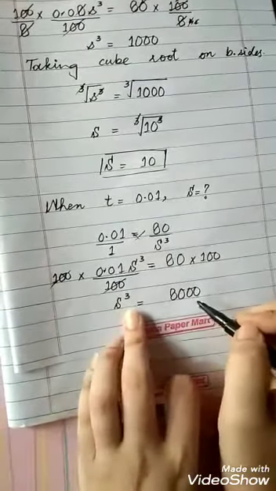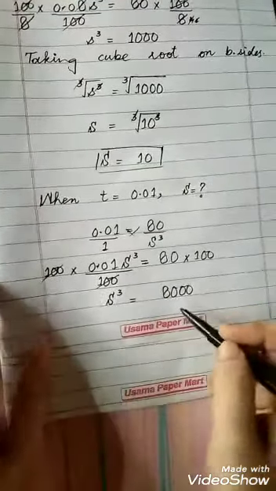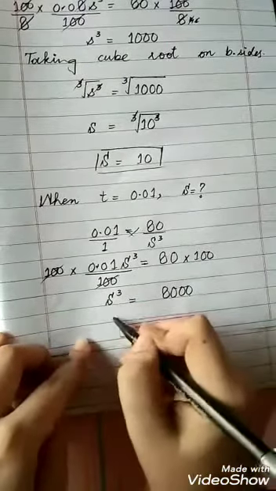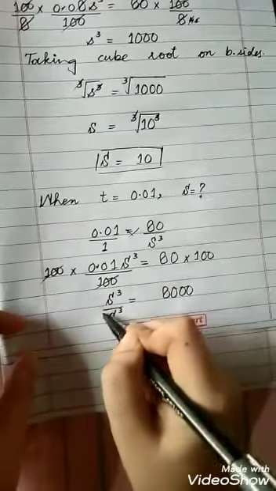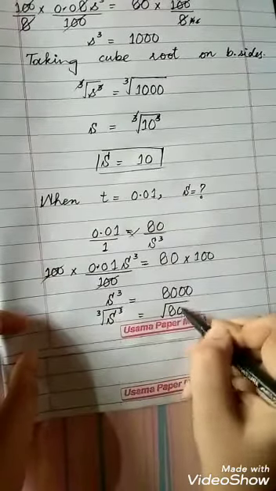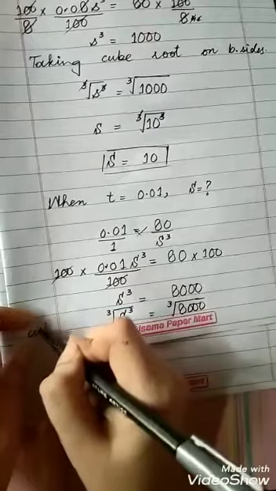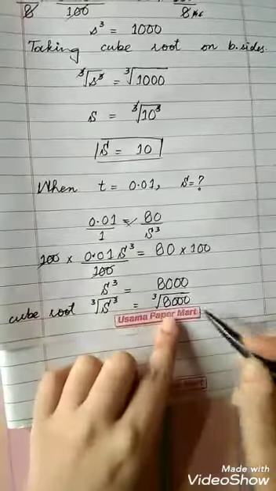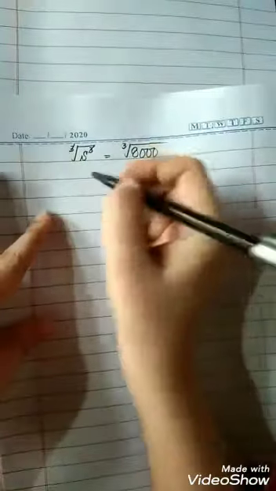Now students, it's 8000. As you know, 8 is the cube of 2. So by this 2 we can guess that, taking cube root on both sides, the cube and cube root will be cancelled.